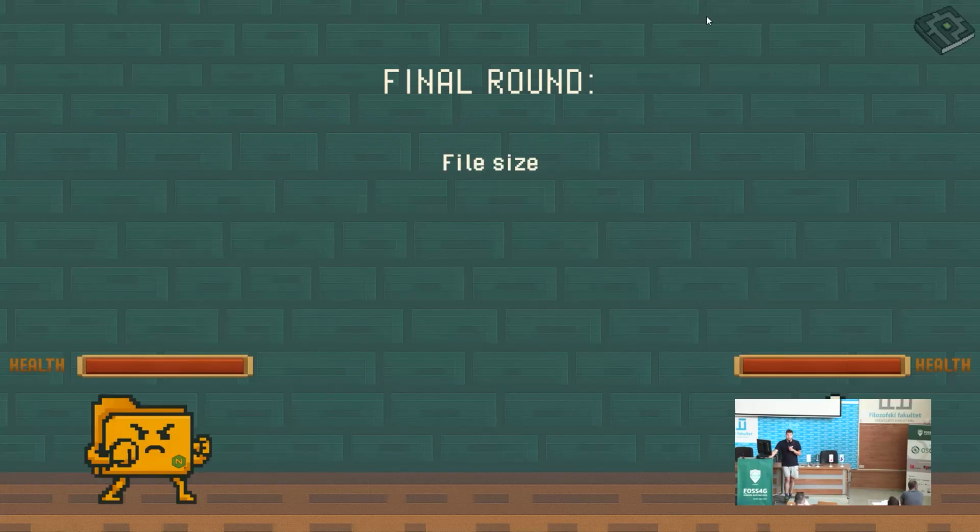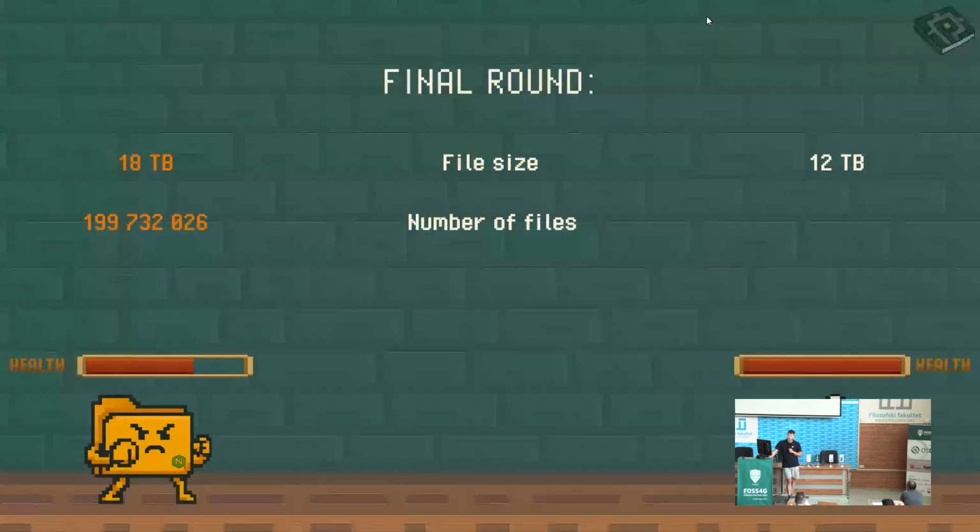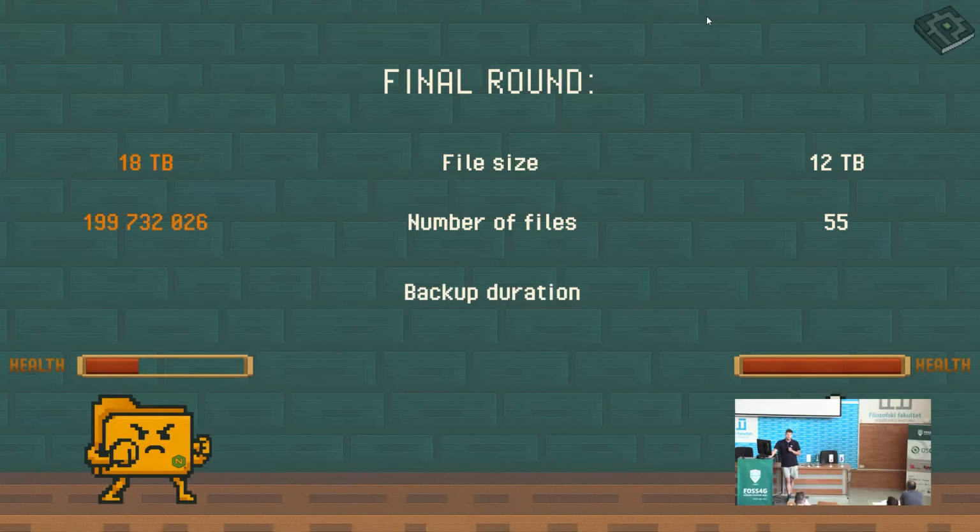Let's go. The file size: 12 terabytes for the SQLite and 18 terabytes for the Nginx. Nginx loses. Number of files: Nginx has just shy of 200 million, while SQLite has 55 files. So again, Nginx loses. And what was the most important question? What's the duration of the backups of these files?